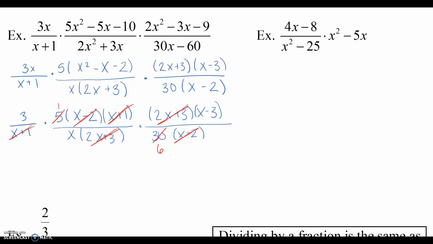I don't think we can simplify anything else, so now we just multiply. So 3 times 1 times x minus 3 is going to be... Oh wait, just kidding. 3 becomes 1. 6 divided by 3 is 2. So our numerator is going to be x minus 3, and our denominator is going to be x times 2. So 2x.